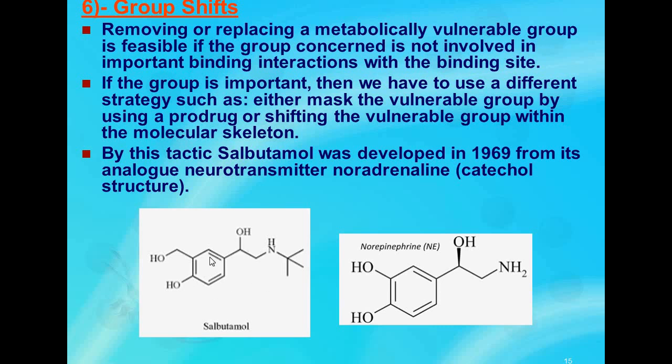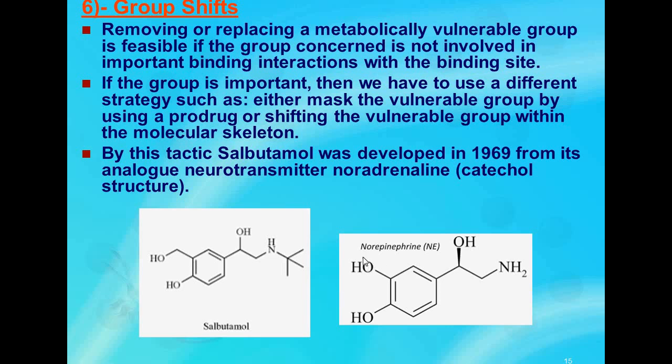salbutamol was developed in 1969 from its analog neurotransmitter, noradrenaline, which is a catechol structure. Noradrenaline is metabolized by methylation of one of the phenolic groups with catechol O-methyl transferase. The other phenolic group is important for the receptor binding interaction. Removing the OH or replacing it with a methyl group prevents the metabolism but also prevents the hydrogen bonding interaction with the binding site.